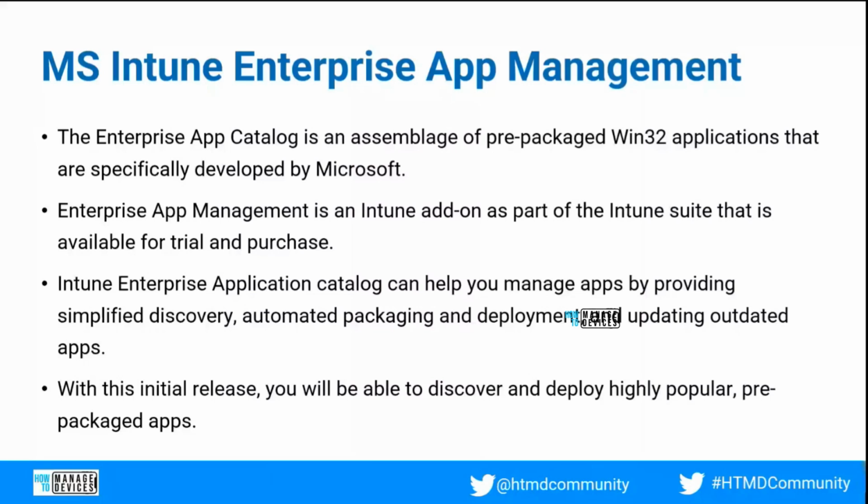Okay. Like we said, this is a very initial release from Microsoft, right? You will be able to discover and deploy highly popular, pre-packaged apps. Having said that, you probably work with lots of applications, maybe hundreds of applications daily, right? You probably need to deploy many applications into your infrastructure through the Intune portal.